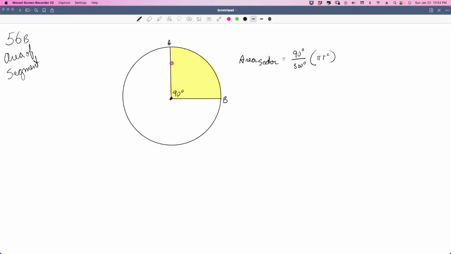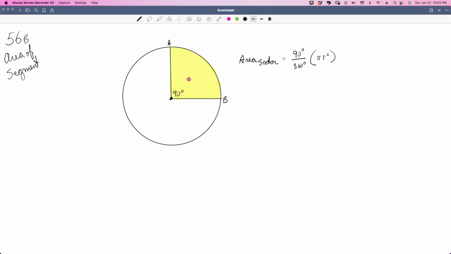Remember, a sector of a circle is the central angle and its arc that is bounded by its arc. So the yellow section here, you have your two radius or radii, and we have the arc that bounds the circumference of the circle.